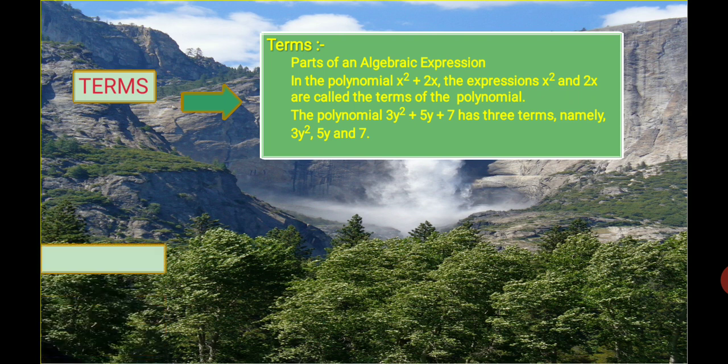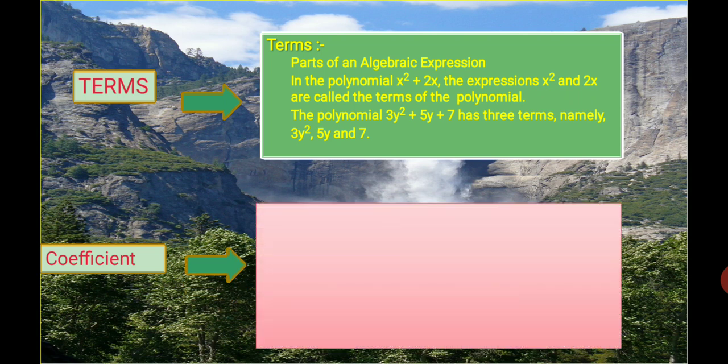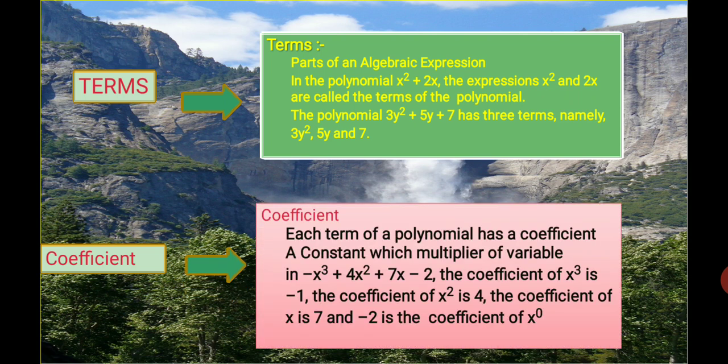The constant is called a coefficient. The definition: each term of a polynomial has a coefficient, the constant which is a multiplier of a variable. Take the example x square plus 2x. Then x square is a single variable with power 2, and the coefficient is 1.